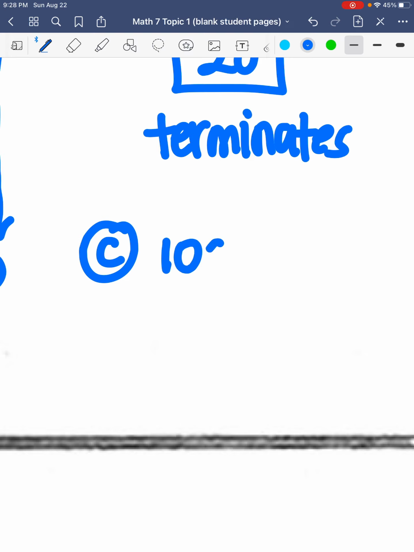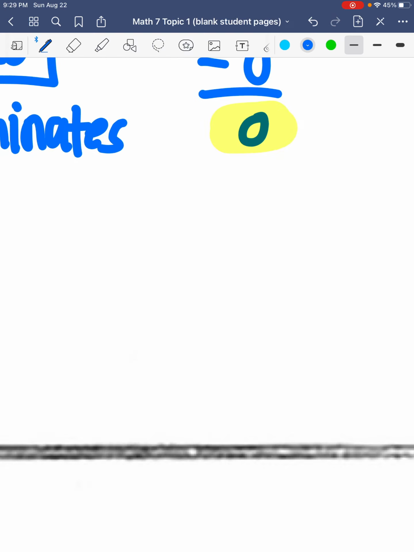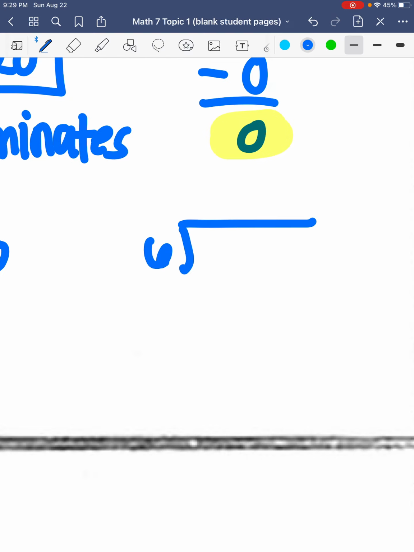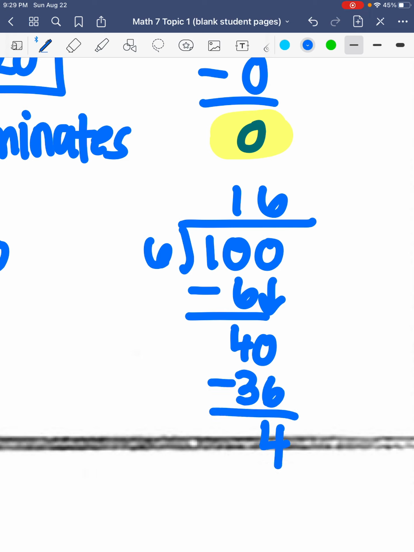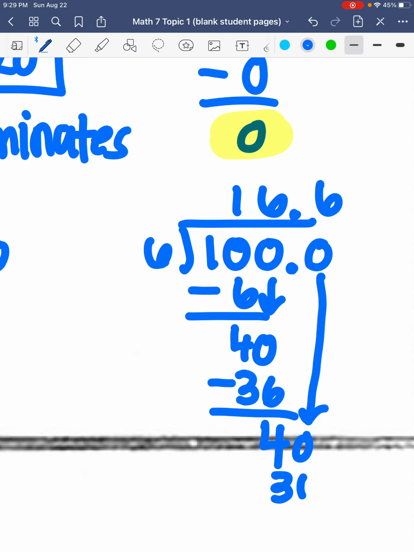Okay, let's look at C. So here I have 100 over 6. 6 goes into 10 one time, which is 6. I get 4. And I bring down that 0. 6 times 6 is 36. I get 4. So I'm going to bring down a 0. 6 times 6 is 36.